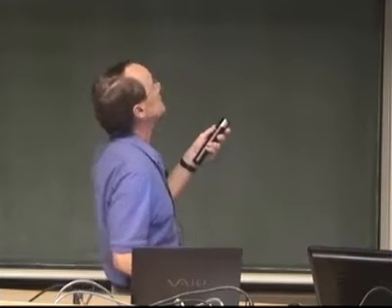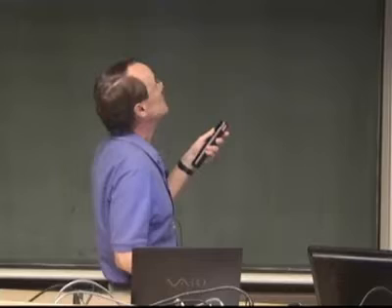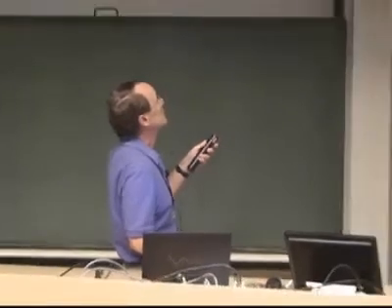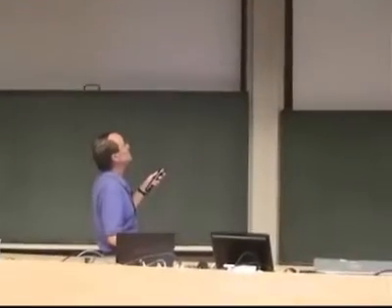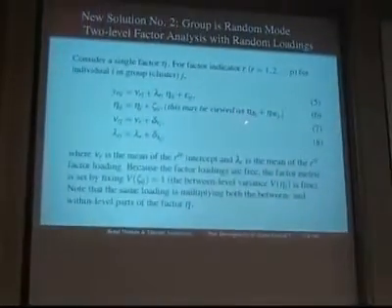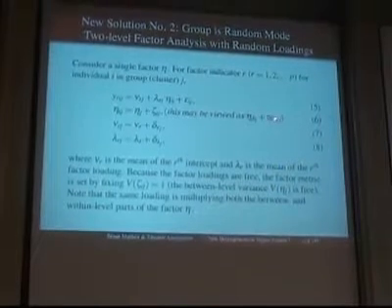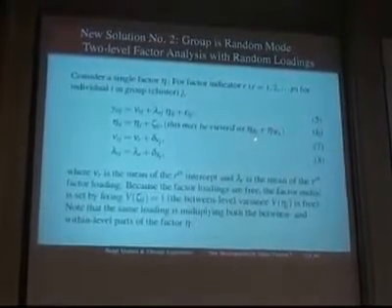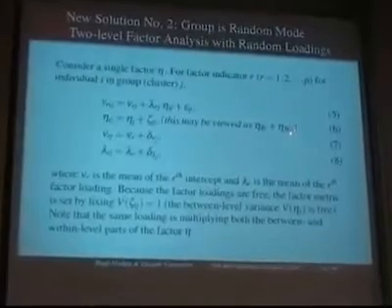And it can be then decomposed. The factor for person I in group J can be decomposed into a group component and an individual within group component. And you can look at that as the factor eta between plus eta within, where the between has a J subscript and within has an IJ subscript.